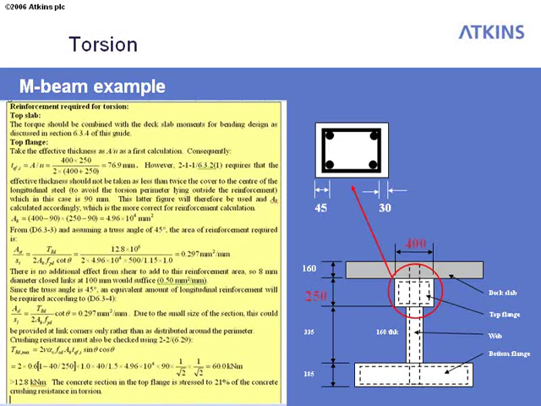We can calculate the area, Ak, enclosed by the centre line of that effective wall thickness. And then, having got that, we've got all the bits that we need to work out the transverse and the longitudinal reinforcement again from the standard formula. The only thing we've got to decide again is what truss angle to go for. And once again, it's a bit boring in this example.